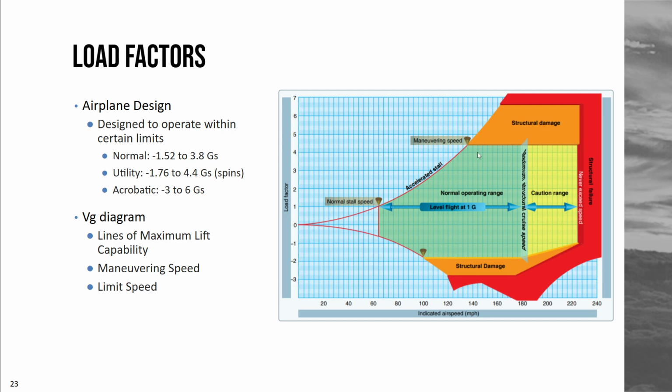And so when we fly in things like turbulence or we're doing maneuvers, we're always beneath our maneuvering speed. That way, if our controls get deflected and all of a sudden we're pulling 3 Gs at this airspeed, the aircraft will stall before running into structural damage. And then we have our limit speed, this never exceed speed, which if we exceed, results in structural failure. So this is giving us an outline for the operating limitations of our aircraft.